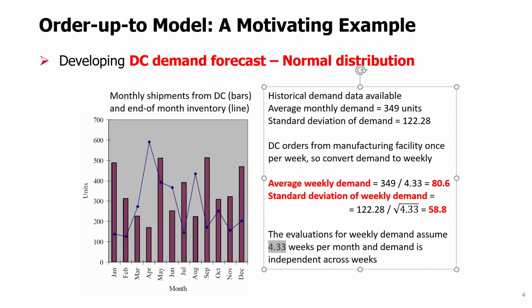We can divide monthly demand by 4.33 to get the weekly demand average. And because we're assuming independence, the standard deviation of the weekly demand will be the standard deviation of the monthly demand divided by the square root of the number of weeks per month, 4.33, which will give us these numbers.